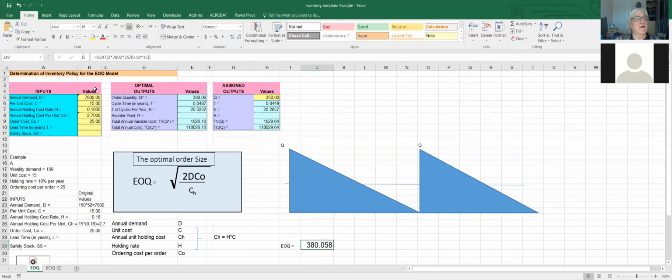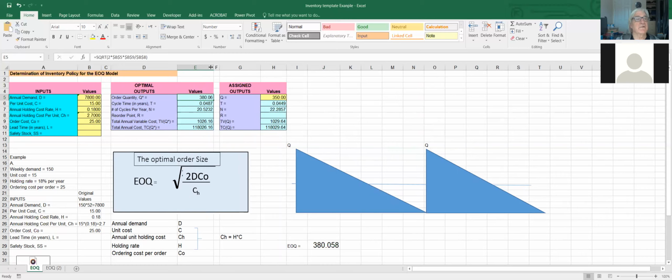So it's the square root of 2 times the demand times C sub O, which is 25, and then divide the whole thing by C sub H. But C sub H is 0.18 times 15 as before. So this gives you 380.58. It's rounded here.